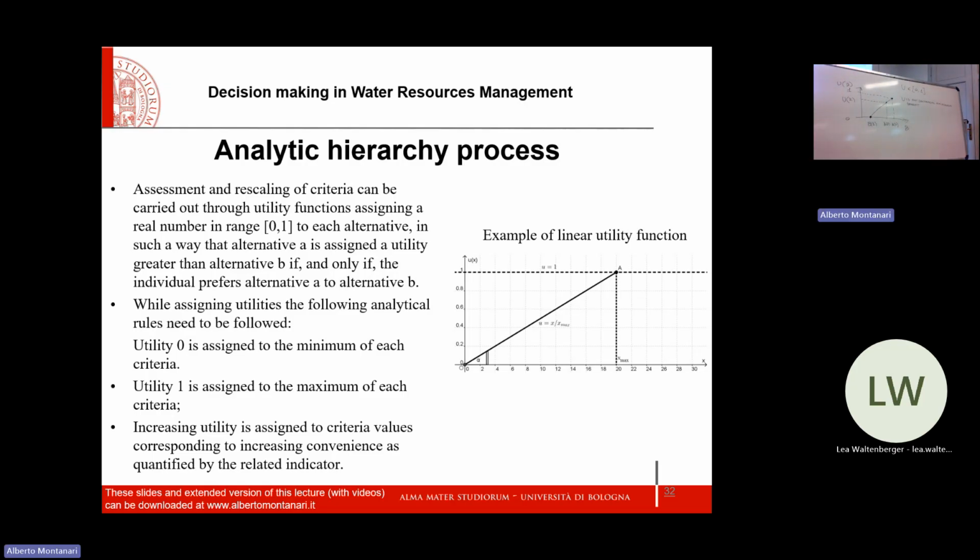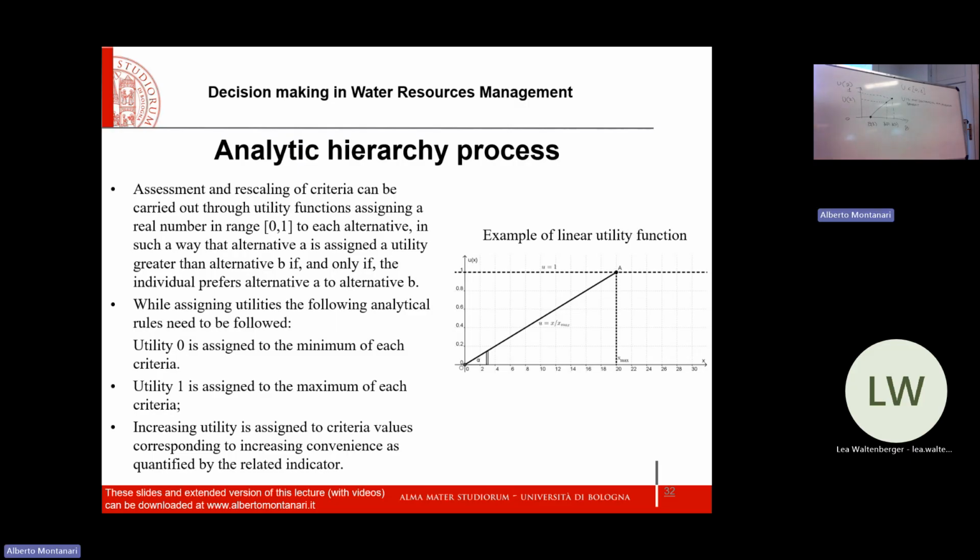There is another condition: utility 0 is assigned to the minimum, utility 1 is assigned to the maximum. In this case, we assume that utility varies in the interval 0, 1, with utility 0 assigned to the lowest benefit and utility 1 to the highest benefit.